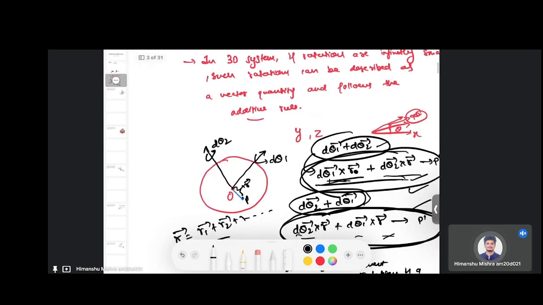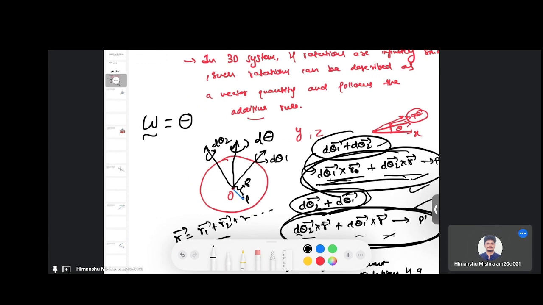Now let's say this body is actually moving with some d theta. Then what should be some angular velocity? So omega equal to theta dot. So this d theta will be omega.